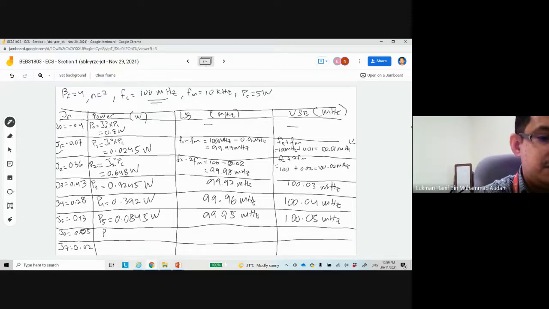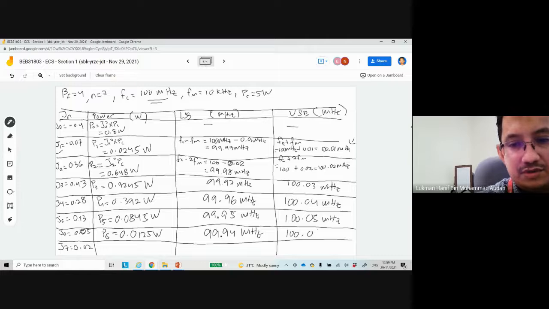Okay, P6 is equal to 0.0125. And this is 99.94 megahertz. This is 100.06 megahertz.